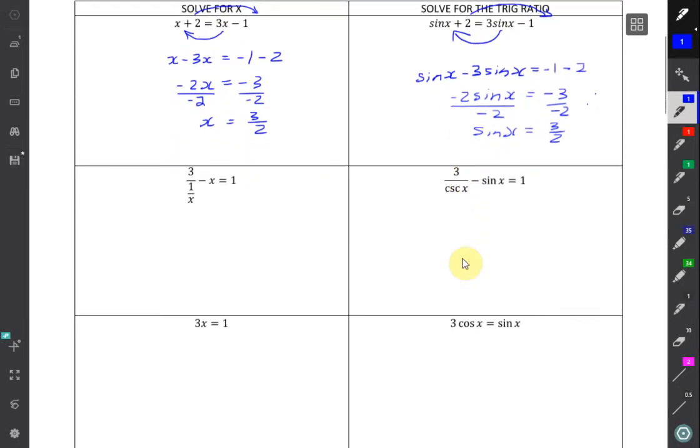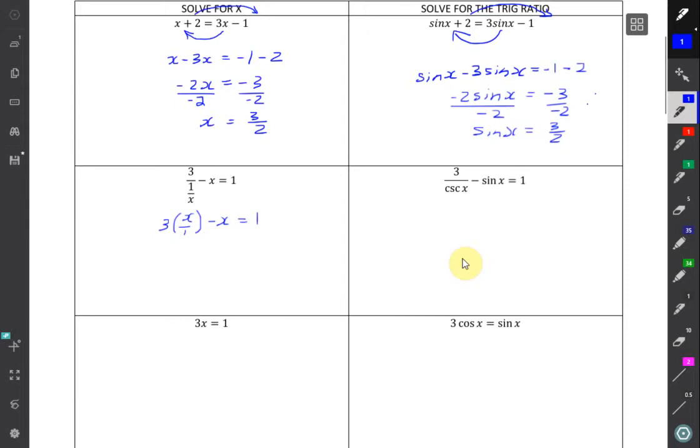Coming down to the next equation, this particular one has a reciprocal function in it, so we really could do this a few different ways. I'm going to choose to invert and multiply. Now I'm going to put the 1 in there just to show what's happening. I really wouldn't need the 1. Minus x equals 1.